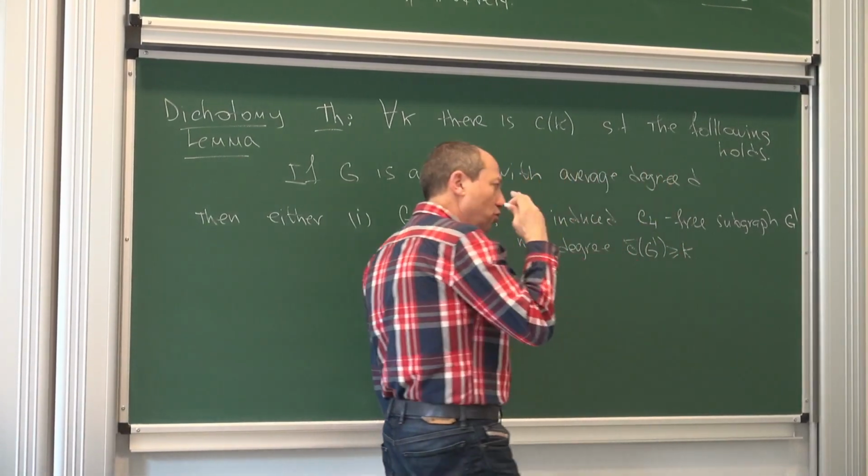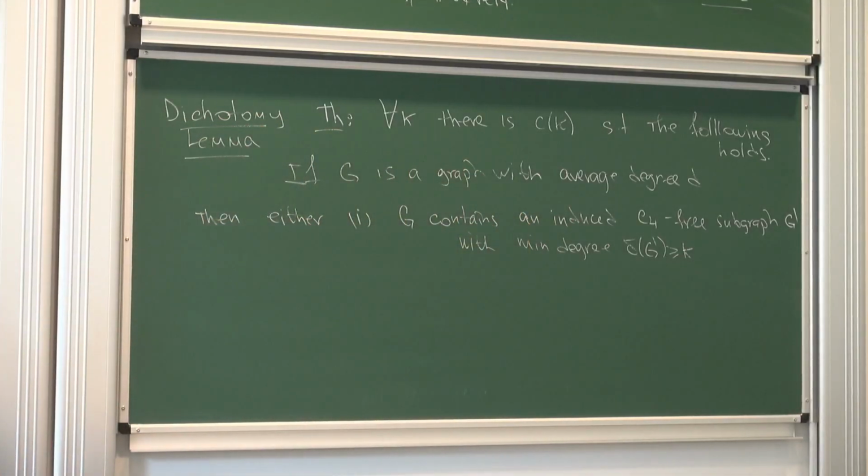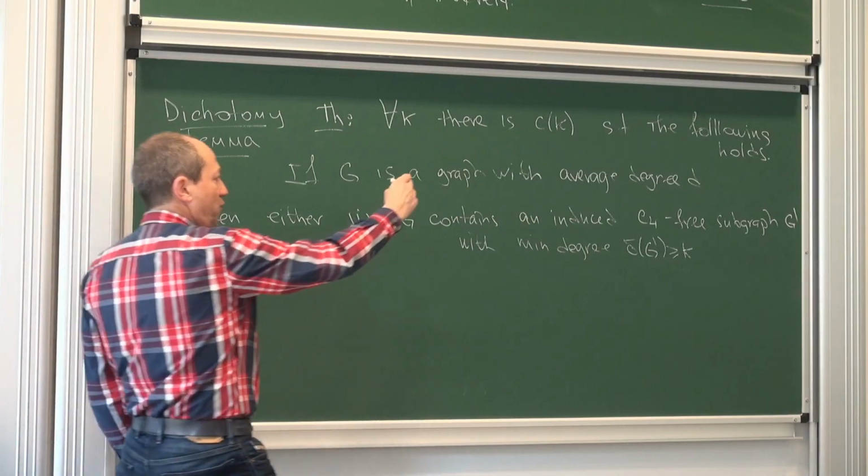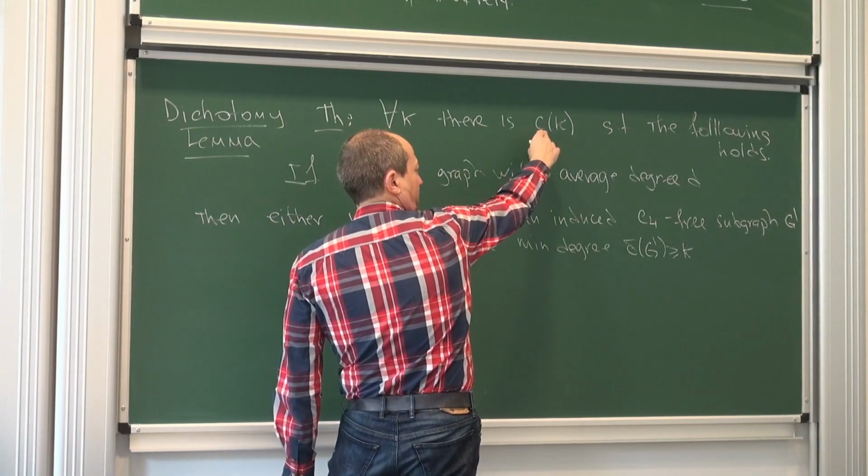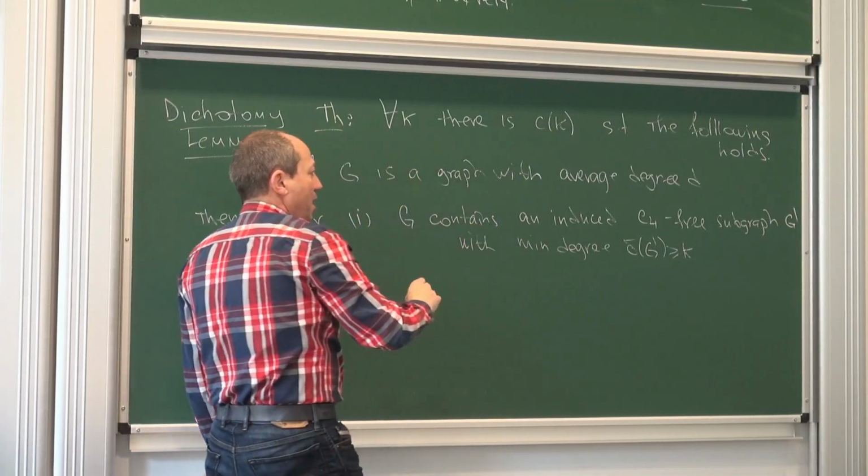So you can always think about k as a large constant, which you will have in mind for some application with which you start. This will give you another constant c, which I will later explain.